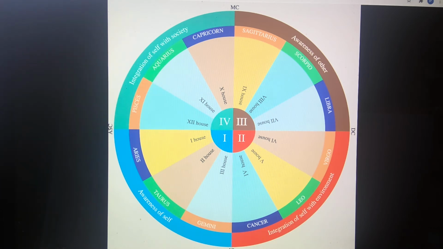So if the ruler of your Gemini North Node 5 was in Aquarius 1, you would probably be a public speaker, because again we come back to what does 1 mean? It's that Aries. It's another fire house. It's a very outwardly expressing zone of the zodiac.